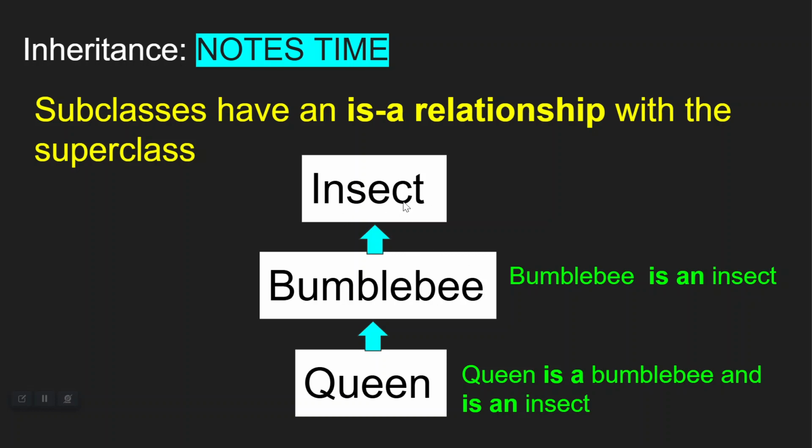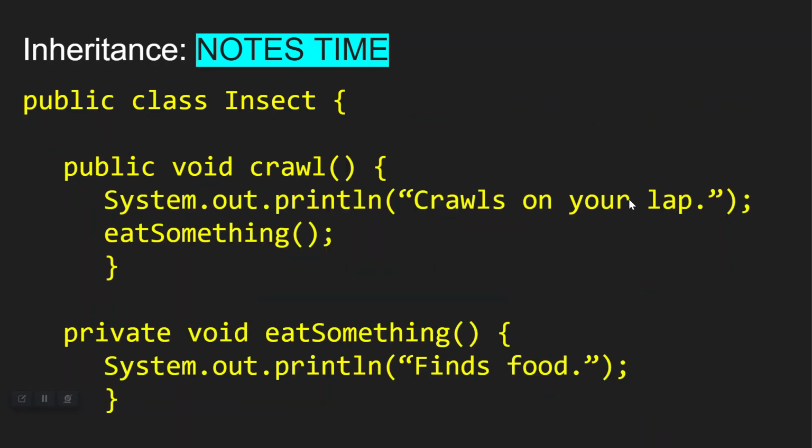As long as you can say this subclass is an example of the parent class, then you know you're doing it correctly. And then down here, Queen is a bumblebee. Queen also is an insect. So again, that would work. Subclasses always have an is-a relationship, meaning that they are an example of the superclass.